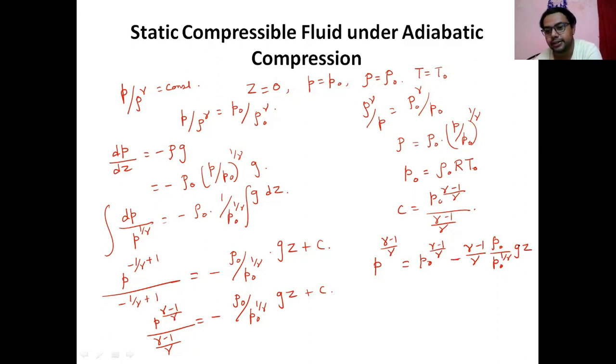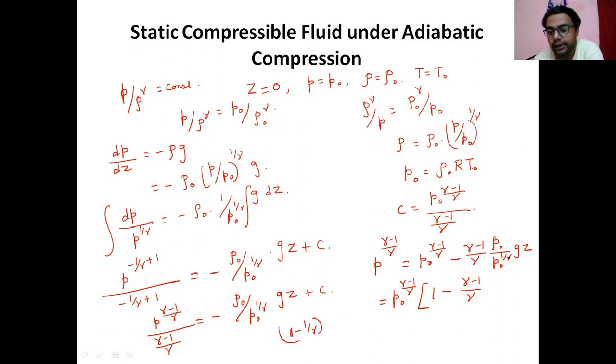If you take P0 as common here, P0 to the power (gamma minus 1) by gamma, what will come? Gamma minus 1 by gamma. What does it mean here? This term (gamma minus 1) by gamma is nothing but 1 by (1 minus gamma).